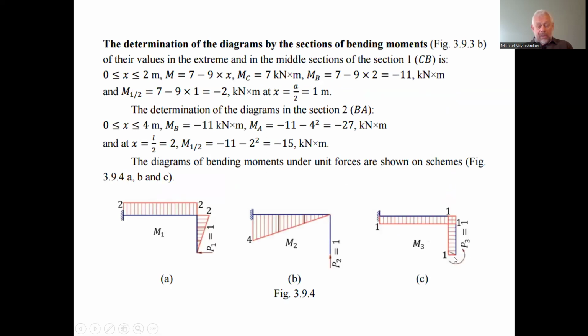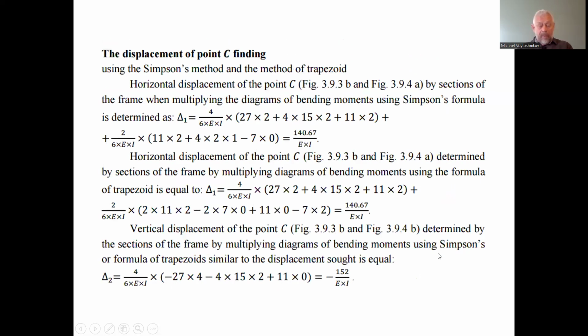And this all times minus 1, which we have for the evenly distributed bending moment under the action of the unit force applied, rotating counterclockwise at point C. This is a diagram of the bending moment, evenly distributed.